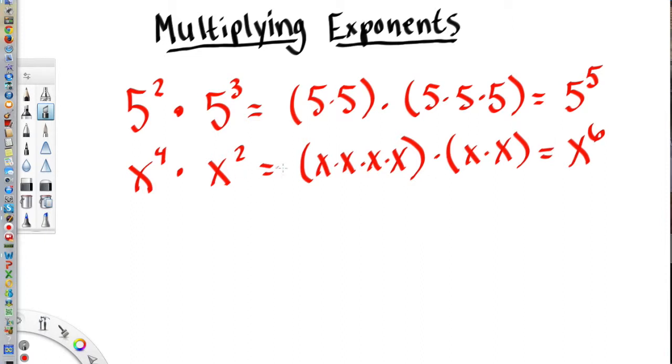Now, what am I doing? I'm counting up how many times x is a factor of x to the fourth power times x to the second power. But there's a shortcut.